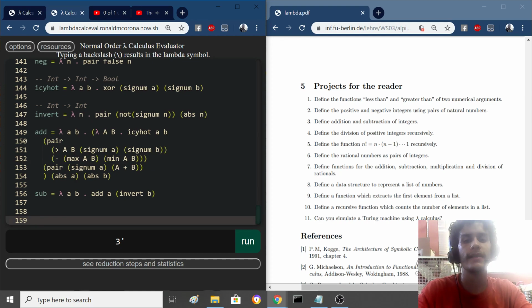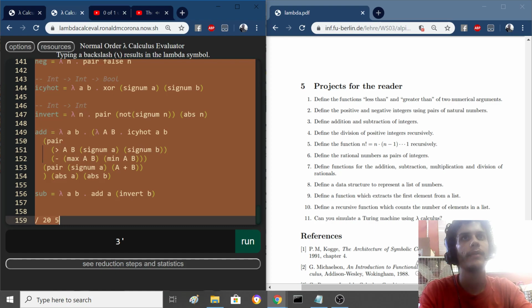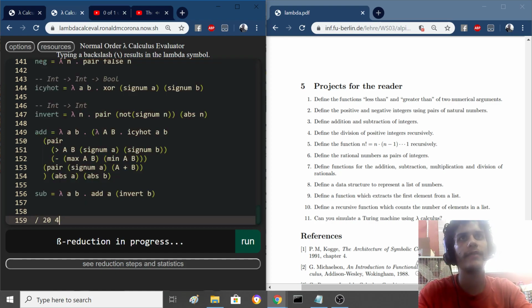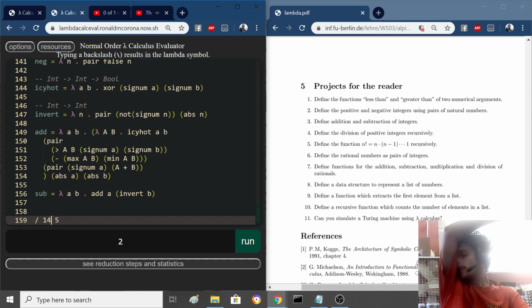Alright, so now let's test it out. Divide 20 by 5, and we get 4. Divide 20 by 4, we get 5. How about 19? What's 19 divided by 5? 3. We're doing 18, 17, 16, 15, and then once we reach 4, a whole number of times we can go three times.